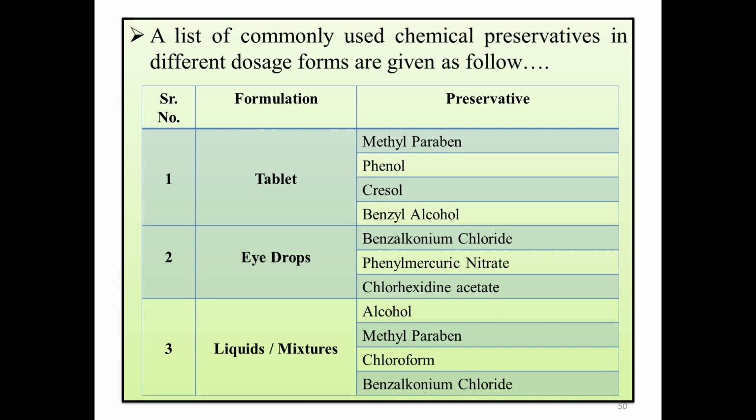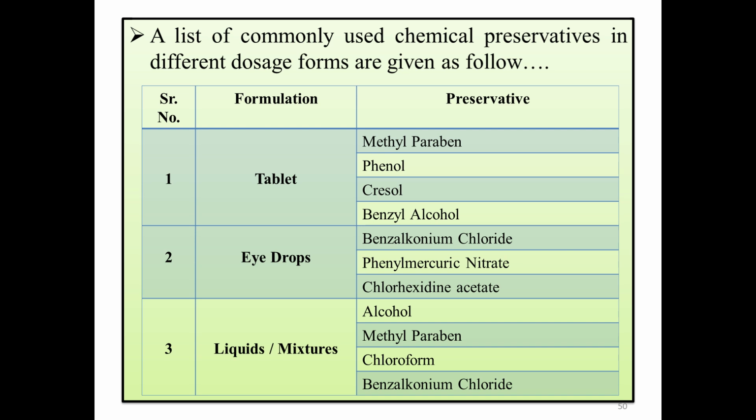Then in liquids or mixtures we use alcohol, methyl paraben, chloroform, benzalkonium chloride. These are different chemicals used in pharmaceutical products to protect the product from specific microorganisms, to avoid the growth of microorganisms and the harmful effects after infection, to take care of the patient.